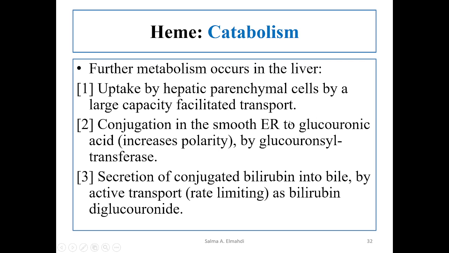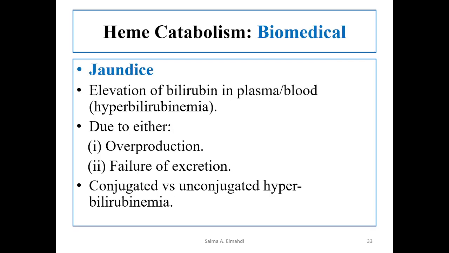Presence of glucuronic acid with bilirubin will make it more polar, and this conjugation is the responsibility of glucuronyl transferase enzyme. And then conjugated bilirubin will be secreted into bile by active transport, a rate limiting step, as bilirubin diglucuronide reaches the intestine, where it will be mostly excreted as urobilin. Some of it, as we already mentioned, can join the circulation to be later on excreted in urine.